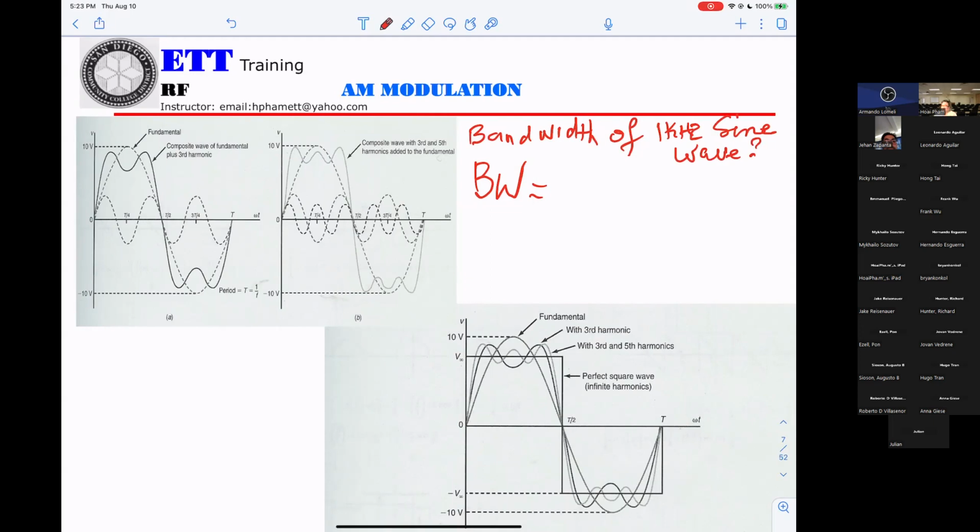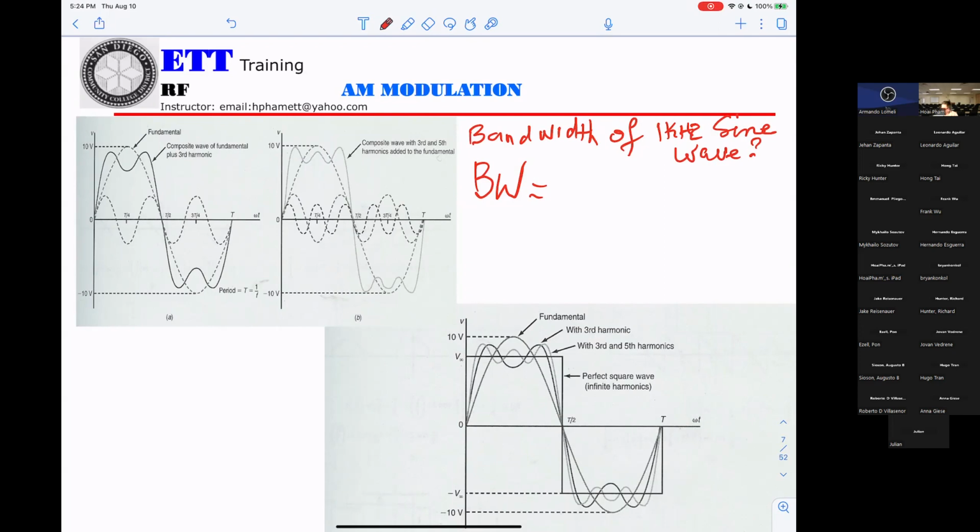Okay, what is the bandwidth of a 1 kilohertz sine wave? 0. Perfect.